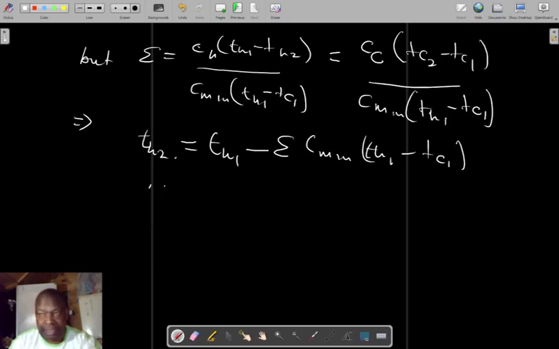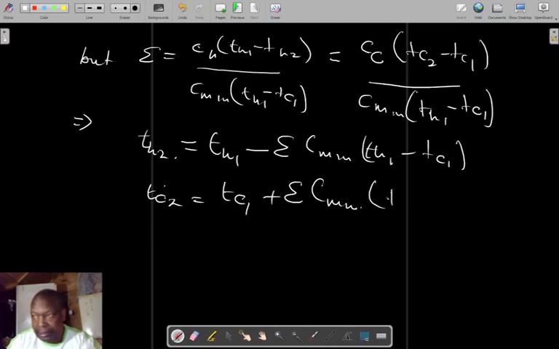Can as well see that TC2 is equal to TC1 plus epsilon C minimum (TH1 - TC1).